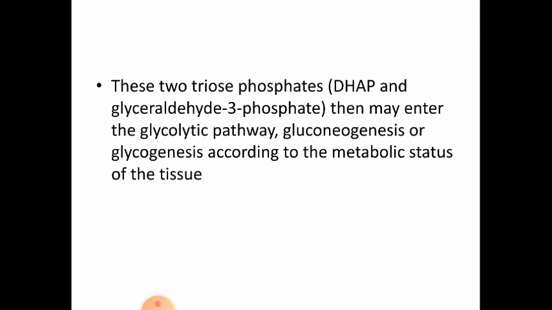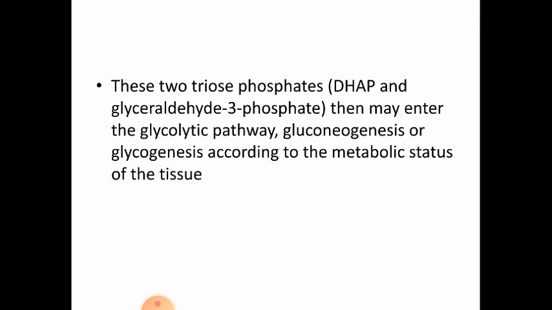These two trioses, triose phosphates, that is DHAP and glyceraldehyde 3-phosphate, may enter into the glycolytic pathway, gluconeogenesis or glycogenesis according to the metabolic state of the tissue.